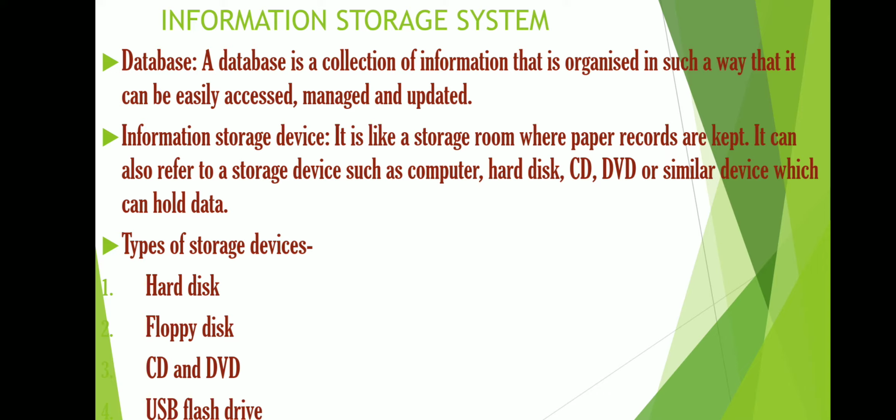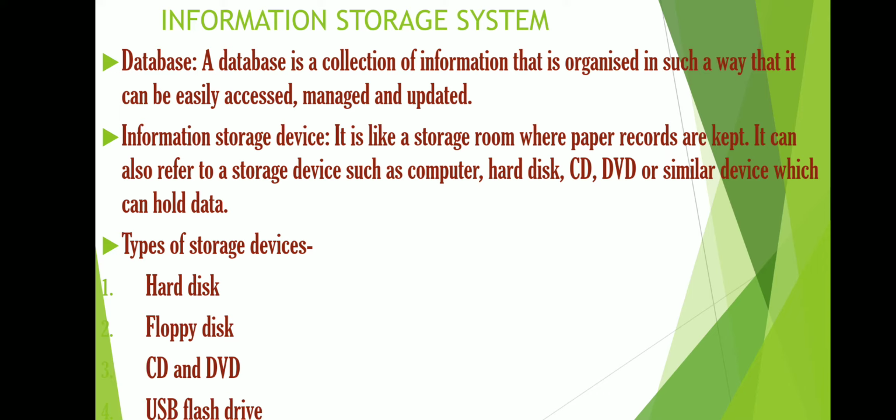Now, as the computer system has developed a lot, this information is also available in soft copy, in which you can see the data, either as e-books or written data on some websites, or stored in any series.